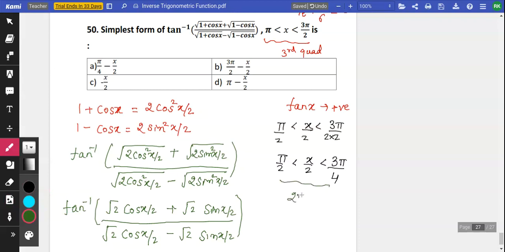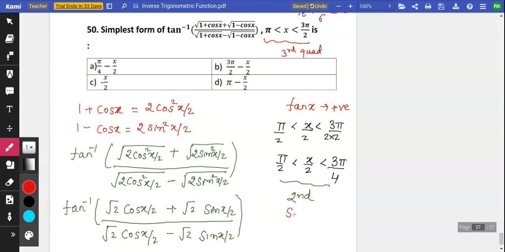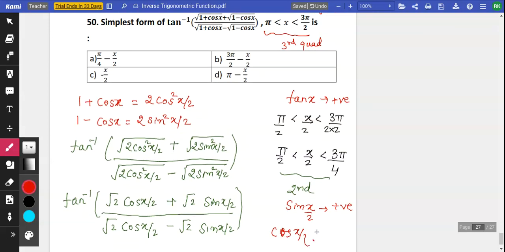In the second quadrant, only sine x by 2 is positive and cos x by 2 is negative. To make this cos x by 2 positive, we use a negative sign here.